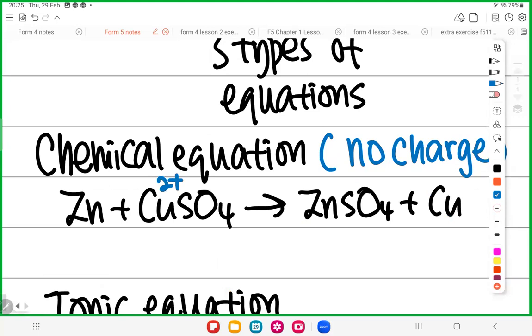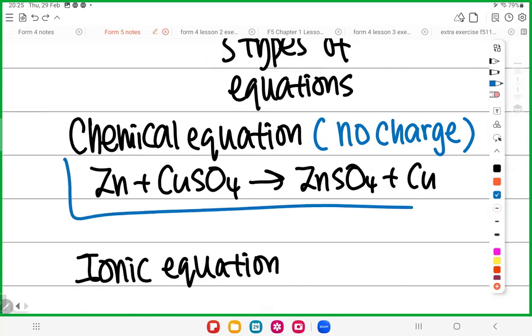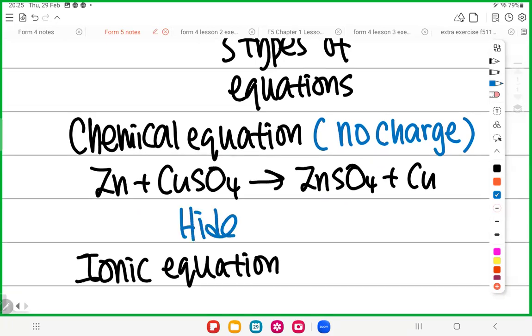SO4 has a charge, SO4 2-. Yes, they have charges, but they didn't show you. If the equation hides all the charges from you, then you call it a chemical equation.